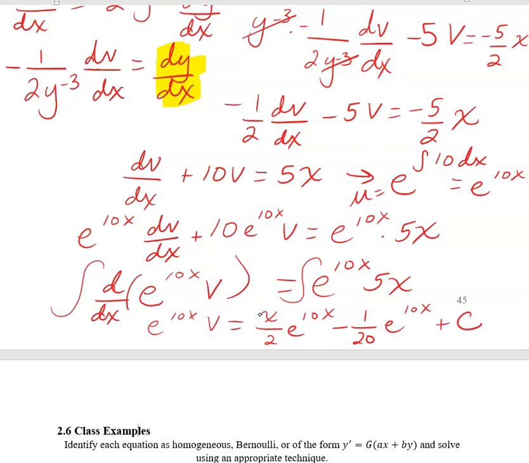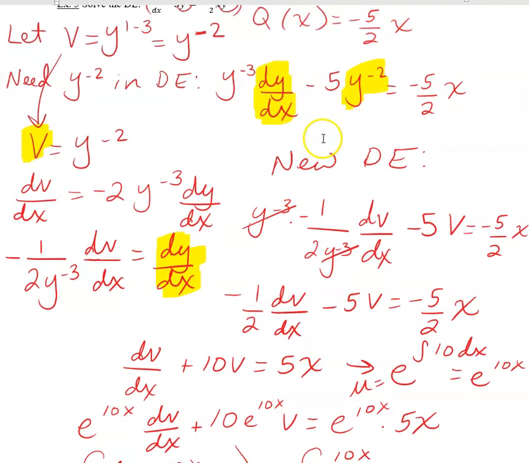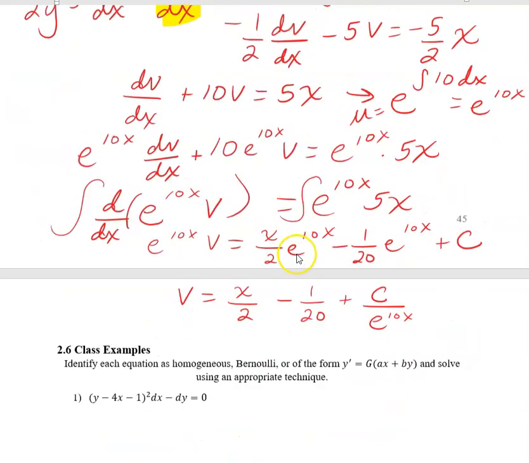And then if you divide everything through by e to the 10x, those will cancel out. So you end up with v equals x over 2 minus 1 over 20 plus c over e to the 10x. And then remember, of course, we have to replace v with what we were setting it equal to. Don't forget, v was equal to y to the negative second.